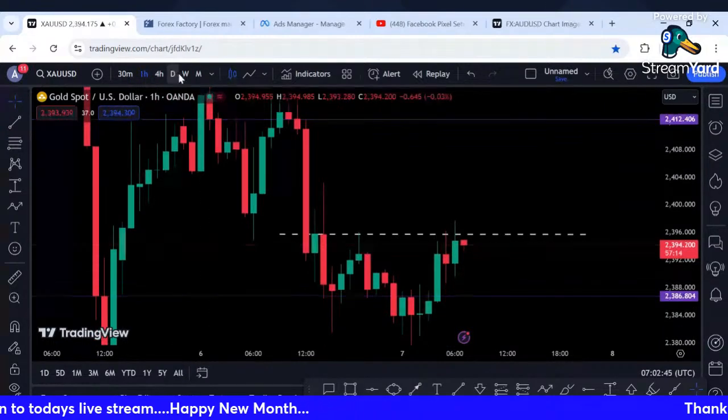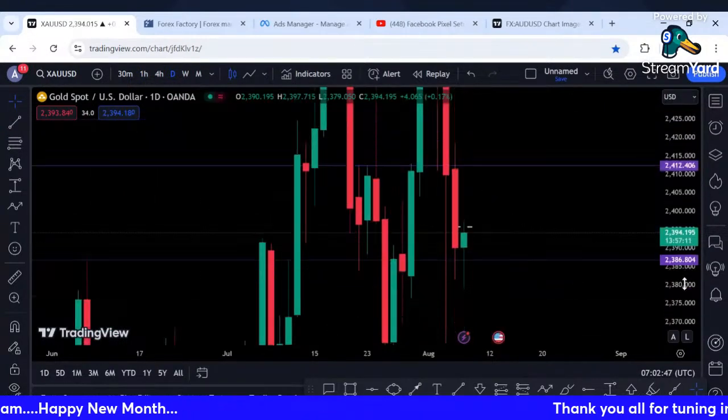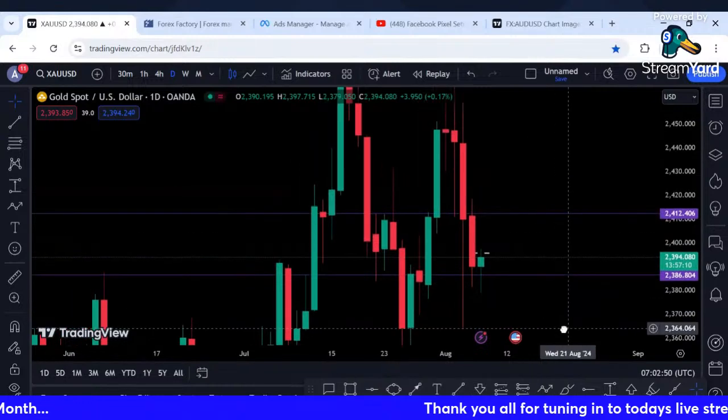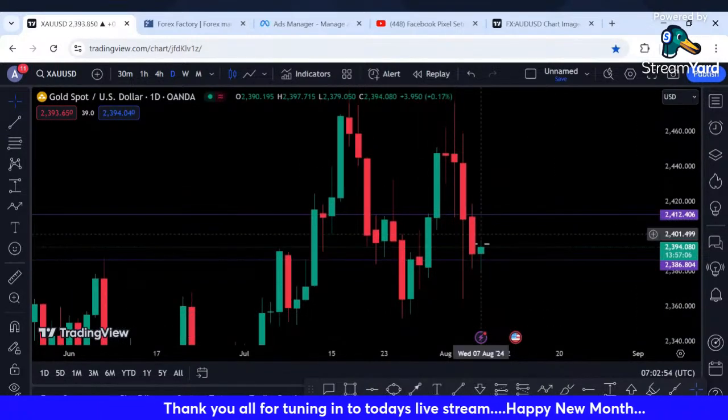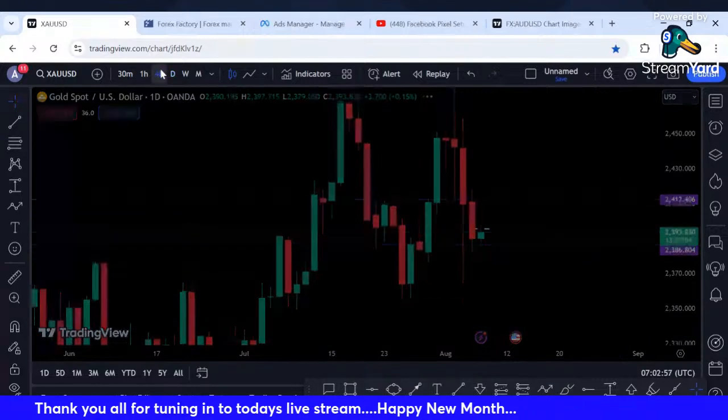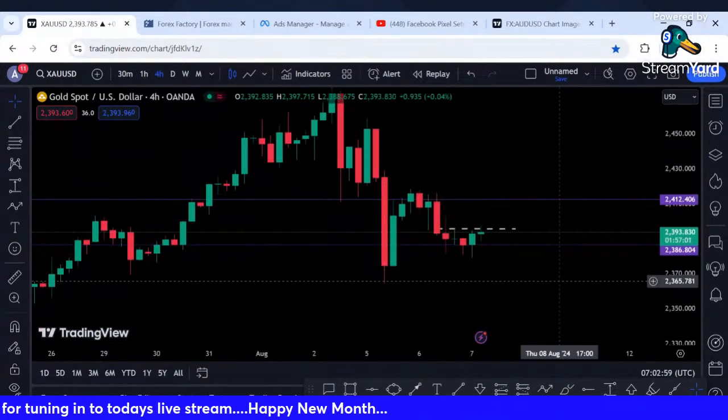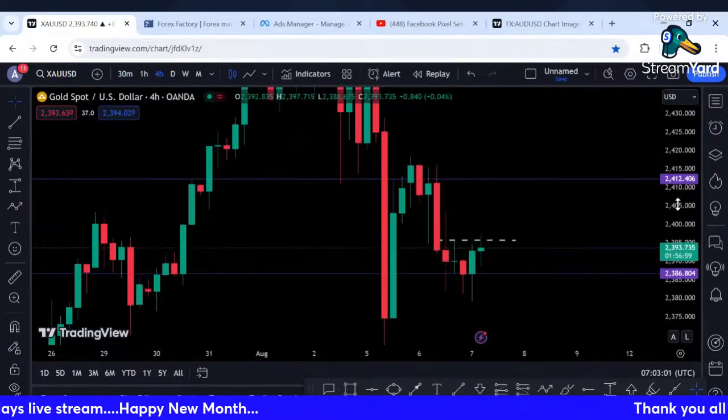Gold is what I'm watching. This one looks very clean.